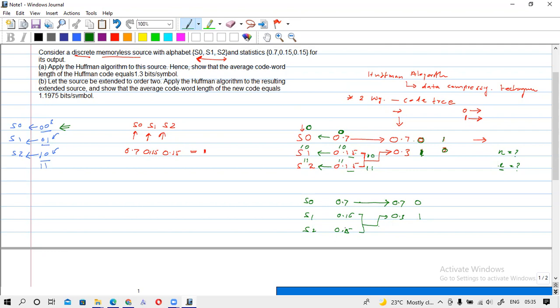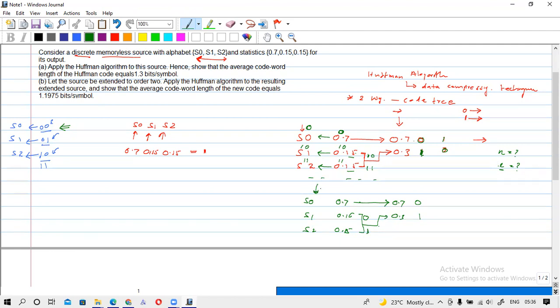Here the probabilities are adding, so for this addition also we have to assign some bits. Here I assign 0 and 1, here also I assign 0 and 1. So this is the code tree actually. Very simply we can do this one. I think I can't, so anyway I used to do it this way, but this also seems somewhat easy.